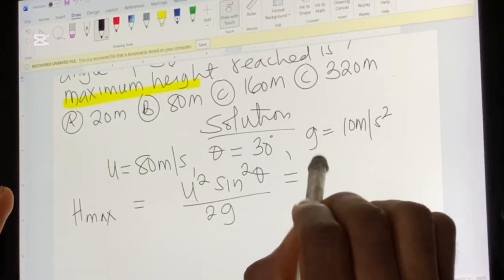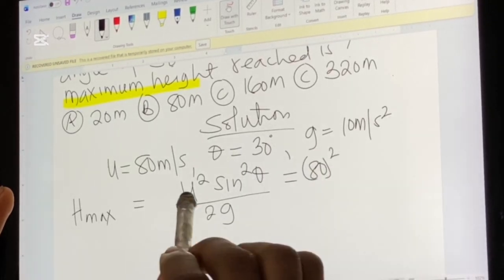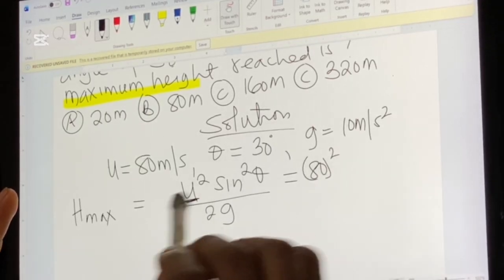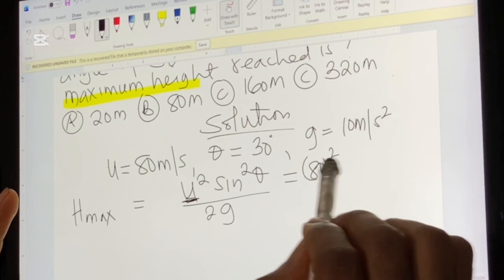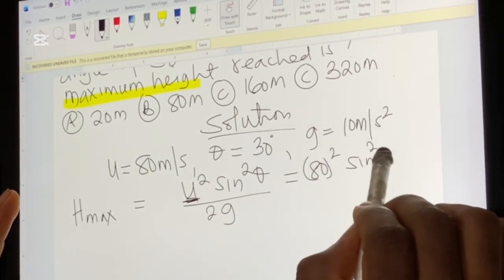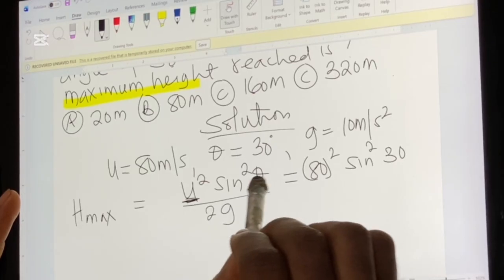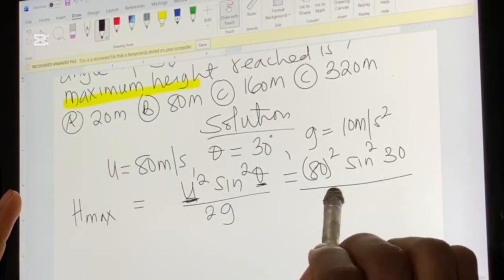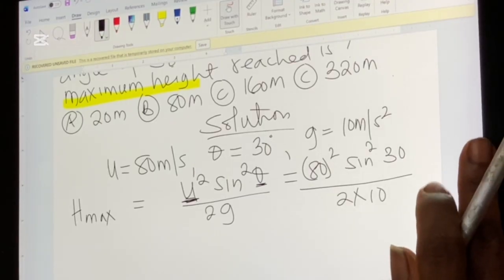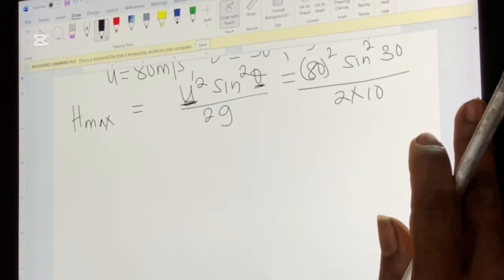This is 80, and this value is squared, you square the value. This is sine squared 30, the angle here is 30, over 2 times 10. Please take note. So the next thing we have to do here is to simplify.